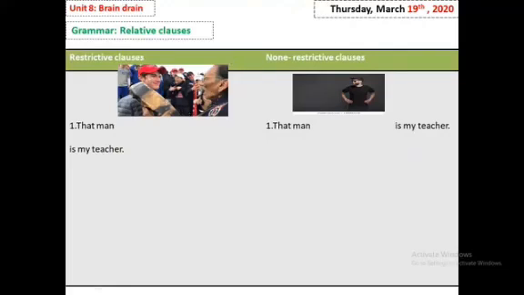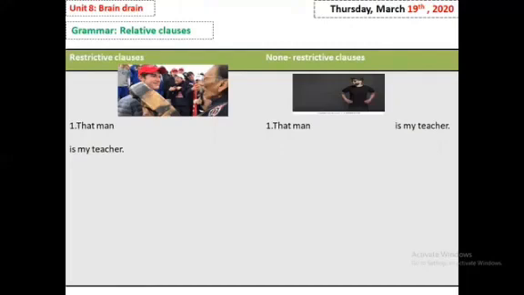But in this example, that man is my teacher, let's imagine that you are with your friend in a big hall in a meeting, and there are a lot of teachers there. And then you say, that man is my teacher. So your friend is going to say, oh, which one? He doesn't know which one is your teacher. What do you need?